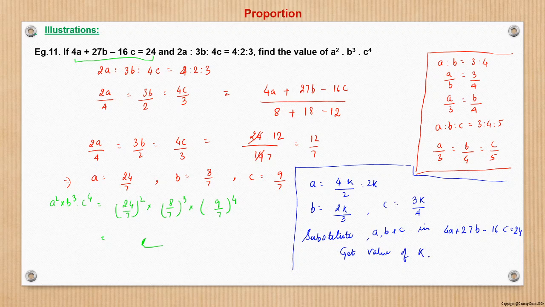And once k is found, we substitute it back and get the values of a, b, c, which we substitute in a square, b cube and c raised to power 4 to obtain the answer. This is the generic method. However, using this property of proportion, we can identify it very easily and obtain the answer very quickly.